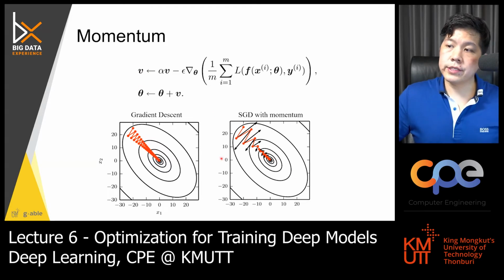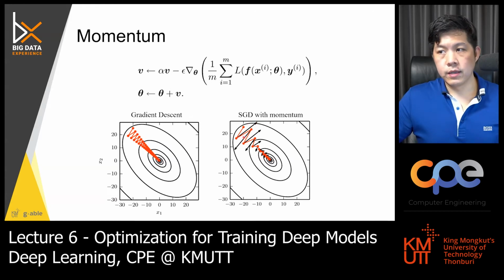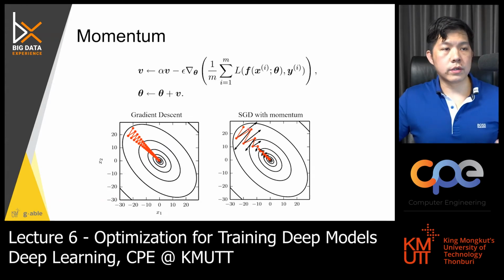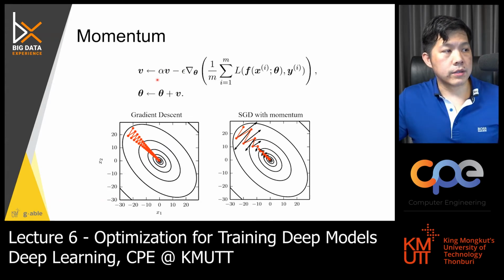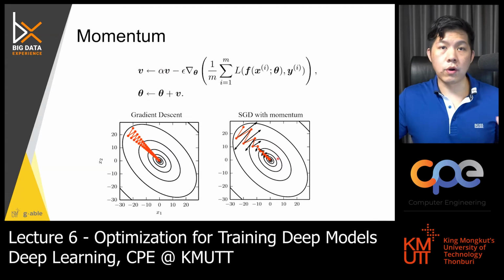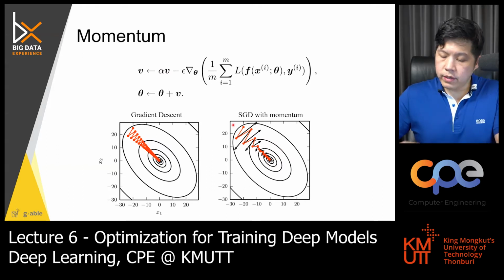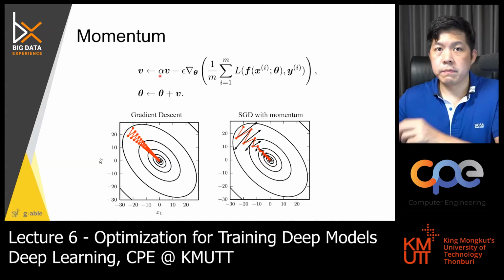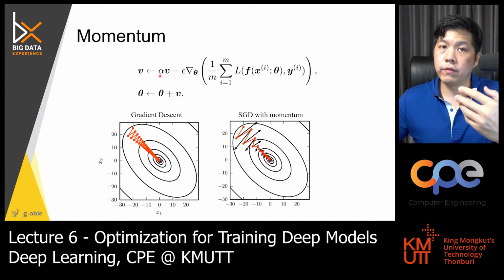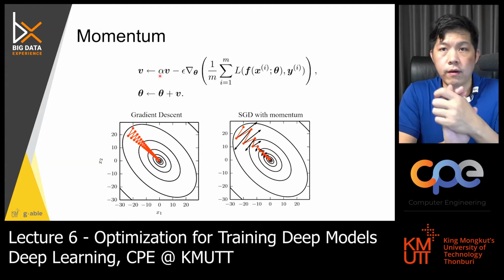So in SGD with momentum, you can think of the gradient as the arrow here that drives you toward the direction, but you keep the momentum, which makes the step larger at the beginning and smaller at the end, because you control the size of the momentum. In the momentum parameter, you essentially specify how much of the previous gradient value you want to use to form the gradient.